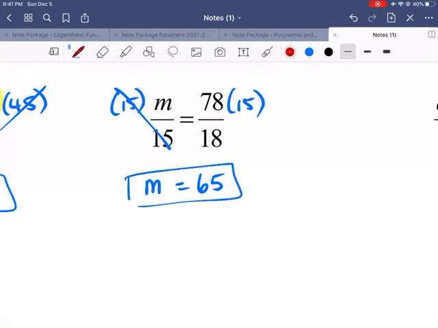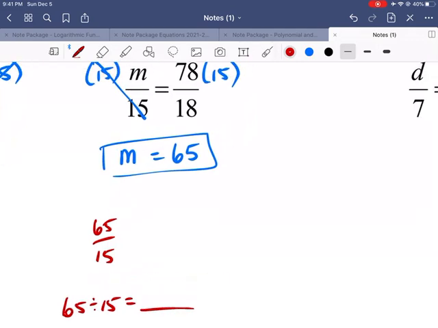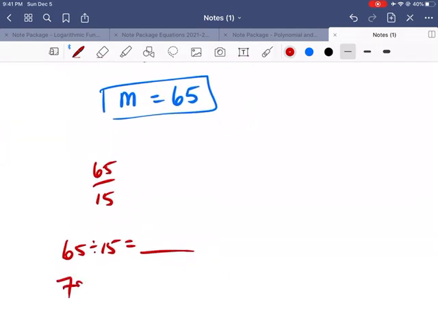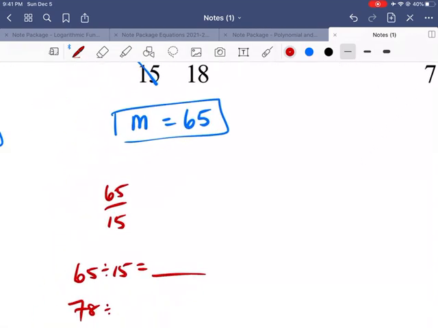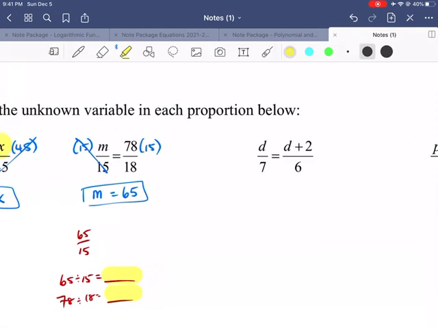Again, you can check this on your calculator. 65 over 15, you would type in 65 divided by 15 and see what value you get. And 78 divided by 18, see what you get. Whatever you get there should be the same.